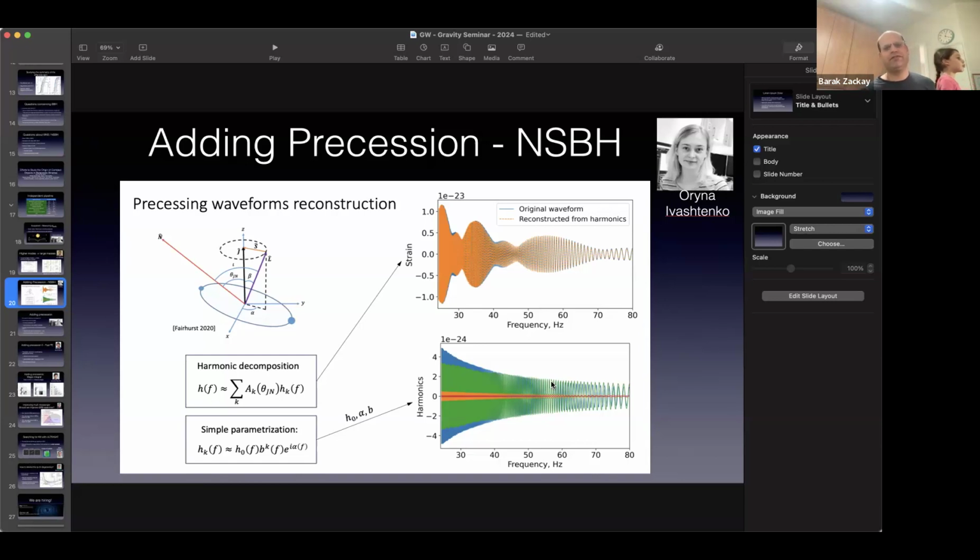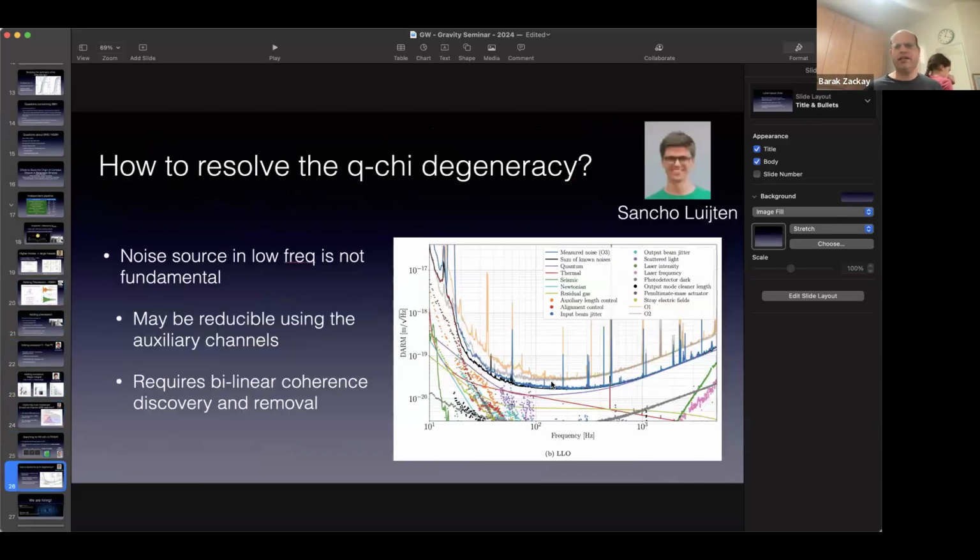In terms of the need for it, if we really manage to expand to the left, so instead of having the signal detected from 30 Hertz, if we have it from 10 Hertz, there will be substantially less degeneracy between the first modes, and then maybe you will need another PN mode.